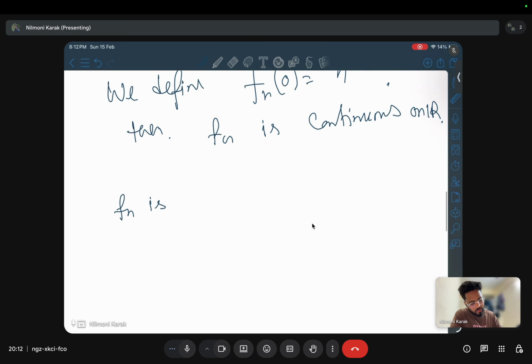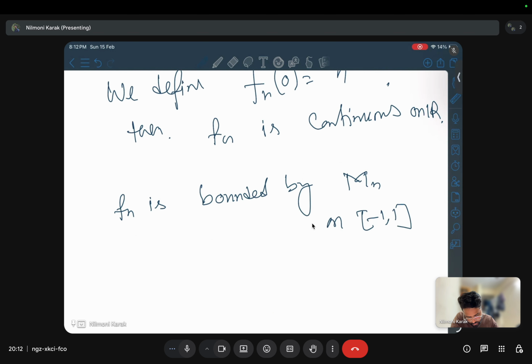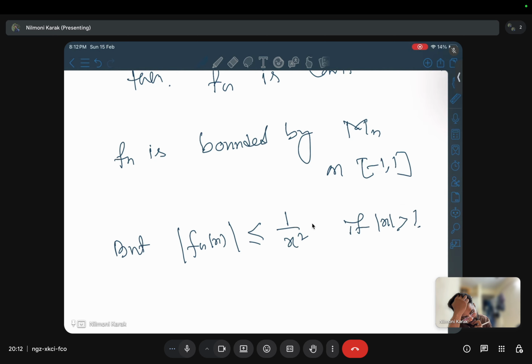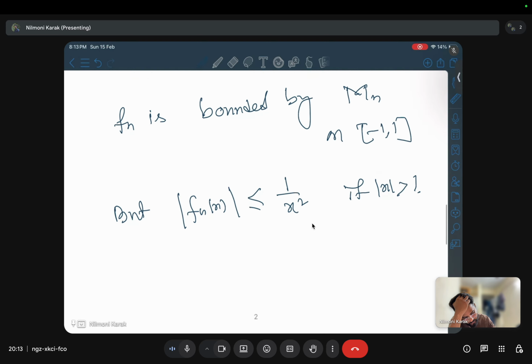Fn is bounded by mn on -1 to 1. And what about the modulus of fn(x)? It is less equals to 1 by x square if mod x is greater than 1.